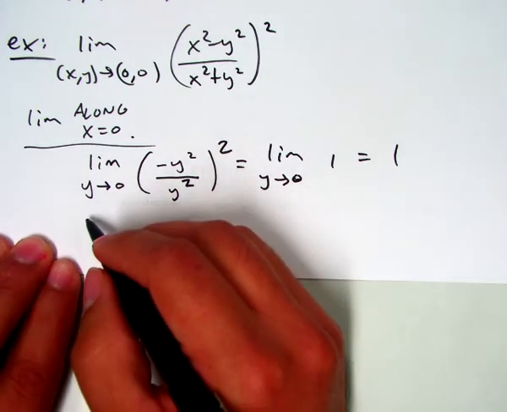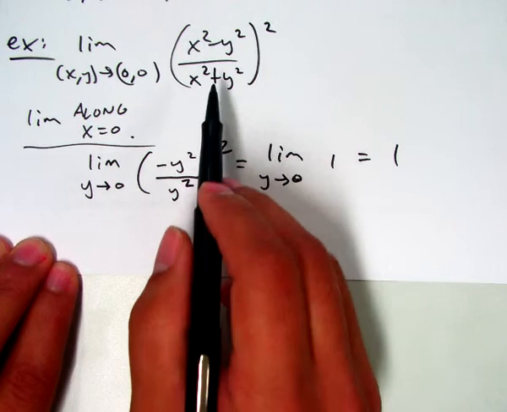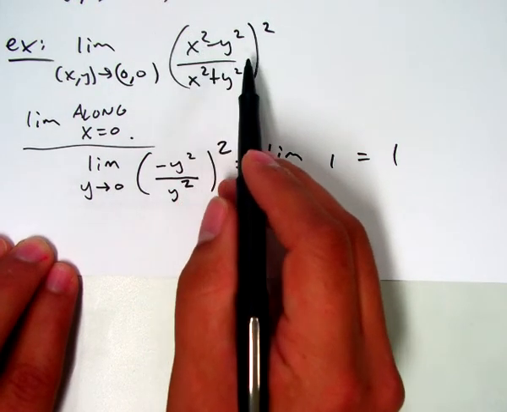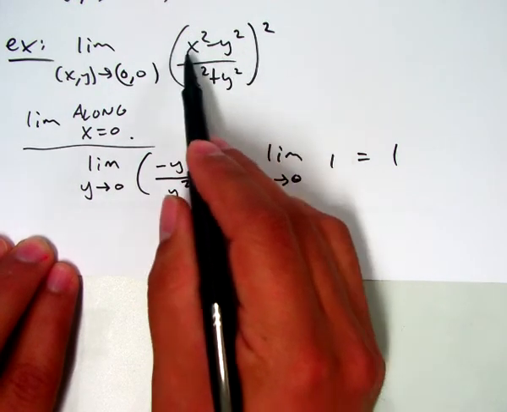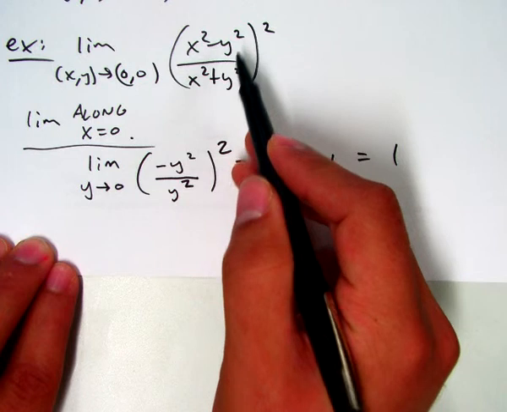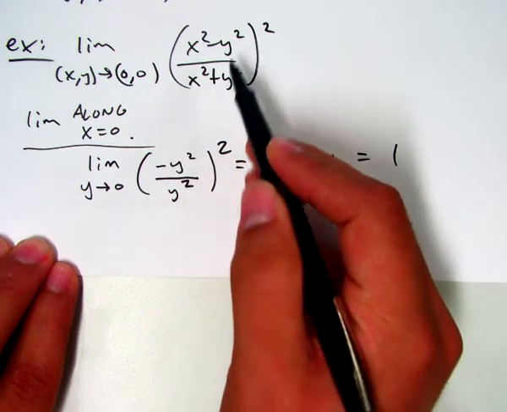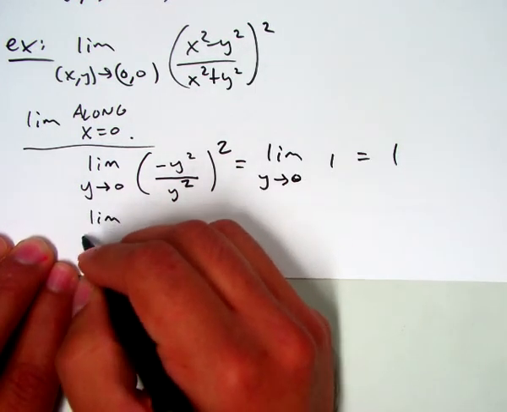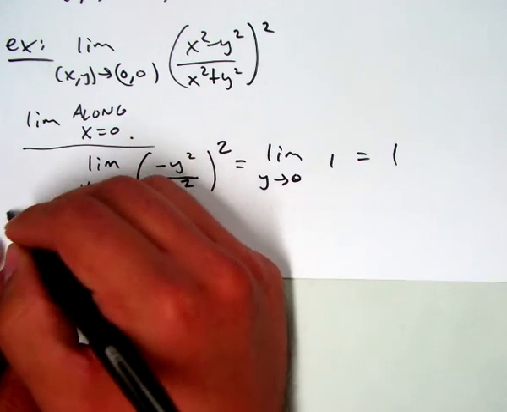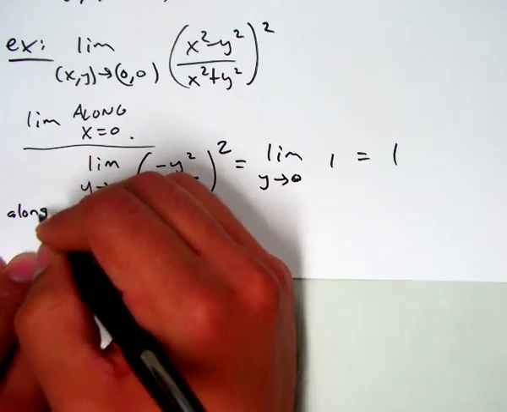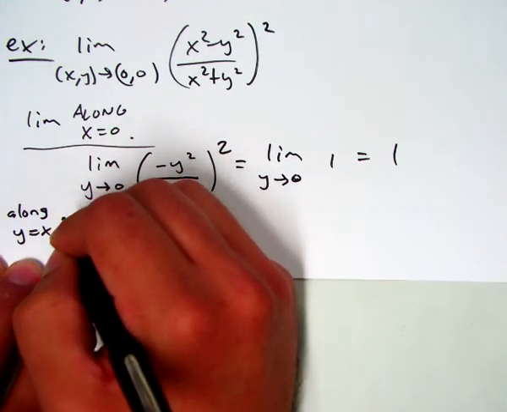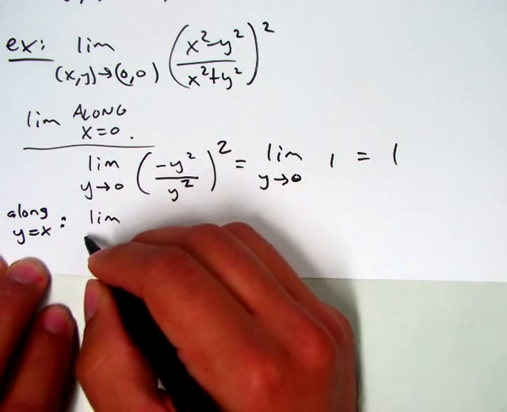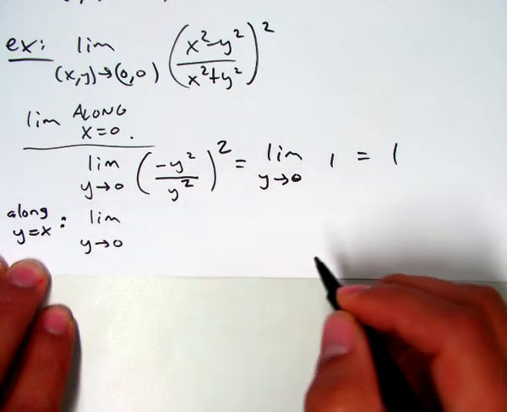And you can kind of see, if you plug in y equals 0, it's the same exact thing. So why not try along y equals x again? Let's leave y in there.